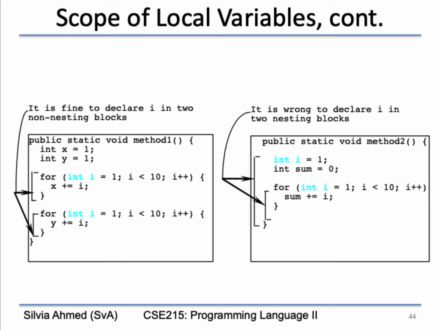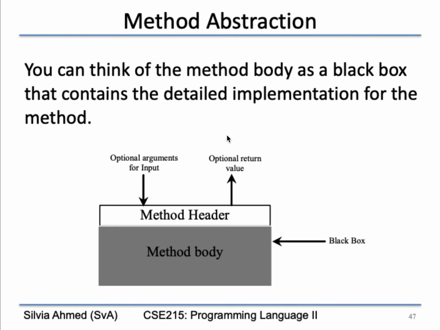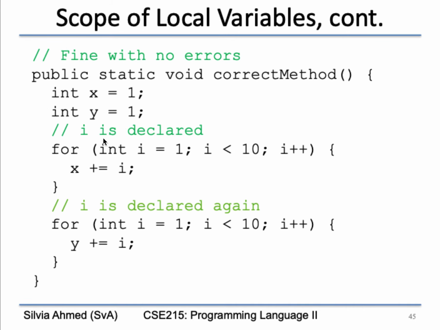So in this way, we can examine the next code. So here, since i is declared int i equal 1, the scope ends here. So when we come to the next for loop, i is unknown.